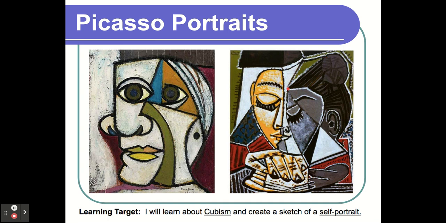That's why you might notice things like the eyes don't quite match up, or maybe one eye looks like it's sideways while the other eye looks like we're looking at it straight on. So this idea of breaking up and fragmenting areas is something that Cubists did. At least that's what Picasso's doing here. Let's look at some more.